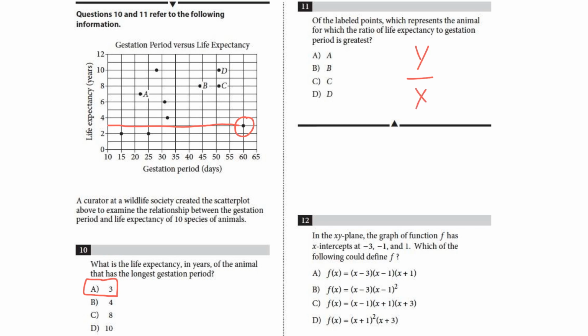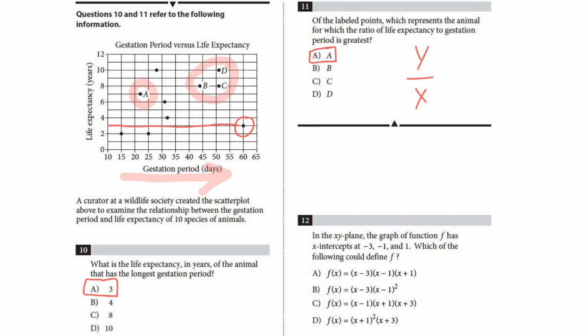So we want a larger y value, longer life expectancy and lower gestation period. Well, if we look at our points here, these over here have a very large gestation period. They have a slightly higher life expectancy, but the gestation period is way over on the x-axis. So I'm going to say A for my answer to this.